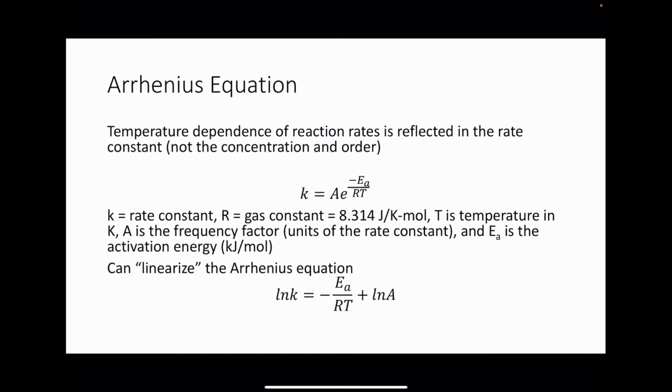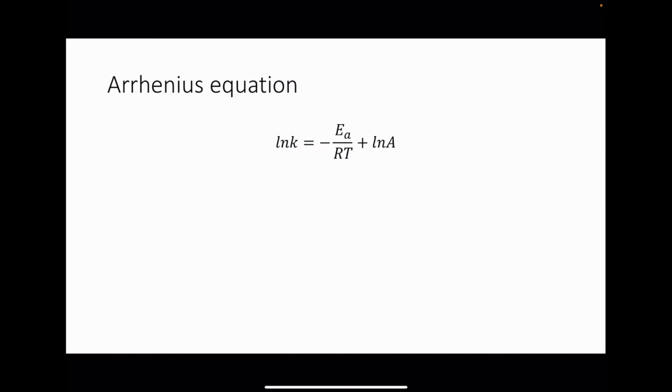And then we can actually linearize that. If you take the natural log of both sides, we remove that e, and we get the natural log of our rate constant equals minus the activation energy over RT, or we could put it as the activation energy over R times 1 over T, plus the natural log of our frequency factor. So we'll start from this linear Arrhenius equation.